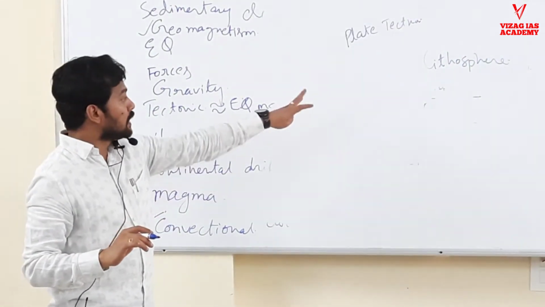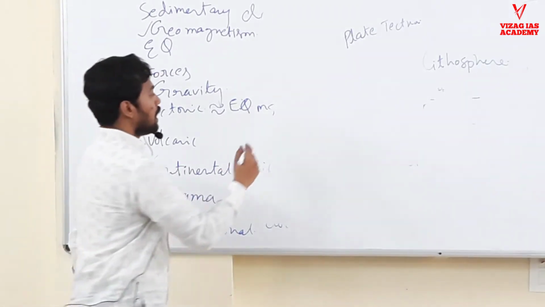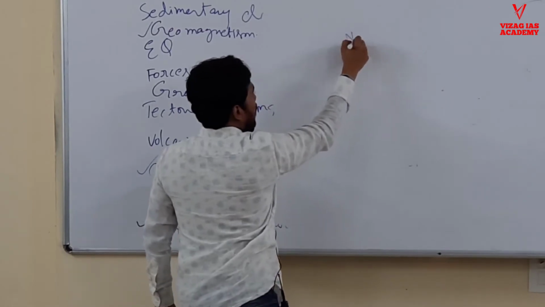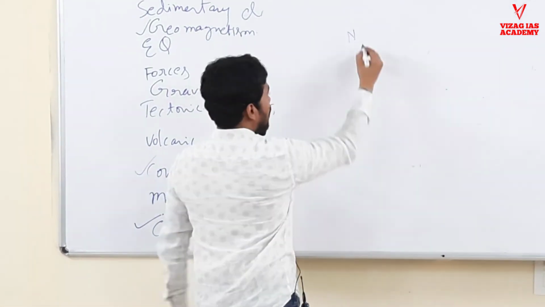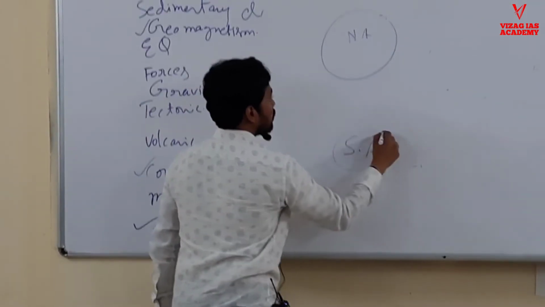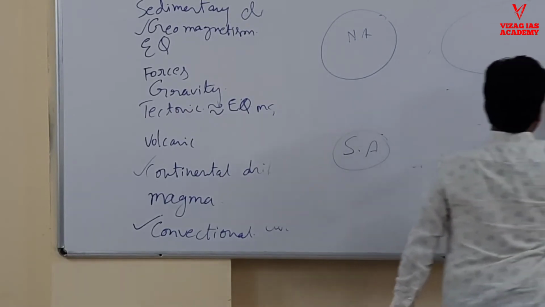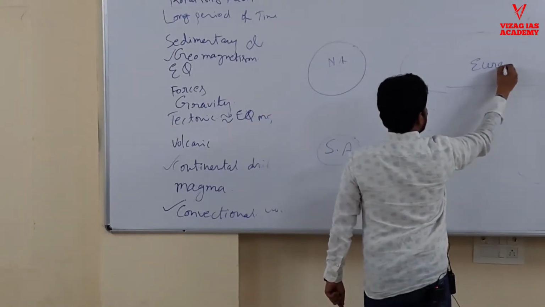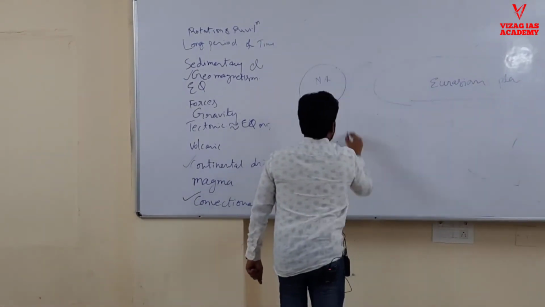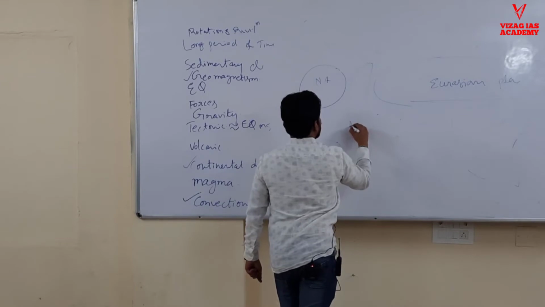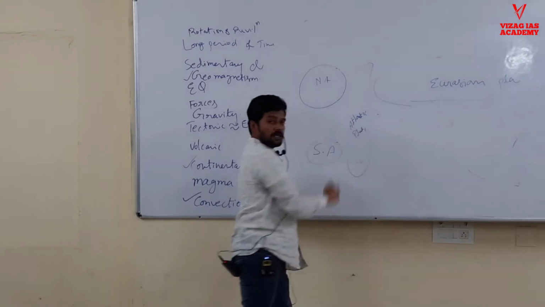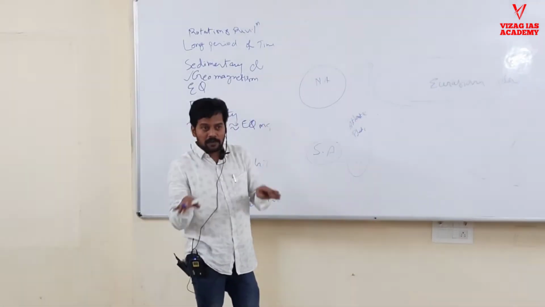But if you see, major plates are North American plate, based on the world map I am writing, South American plate, this is Eurasian plate, Europe plus Asia, Eurasian plate, Atlantic plate, see, below the ocean is also nothing but a lithosphere only.